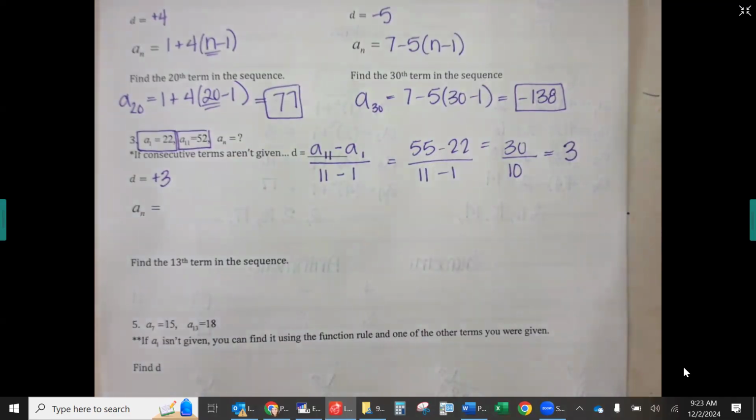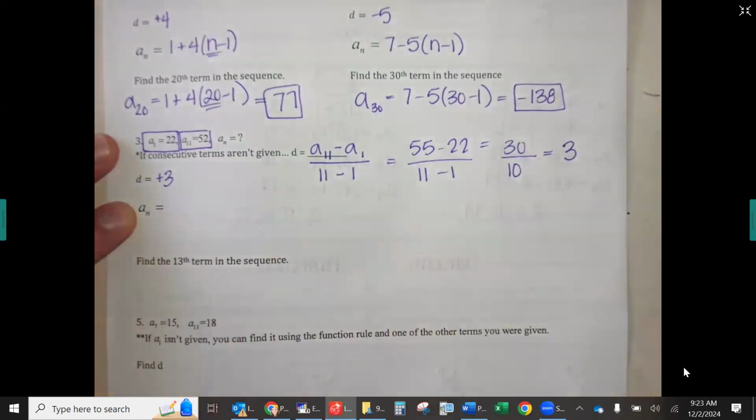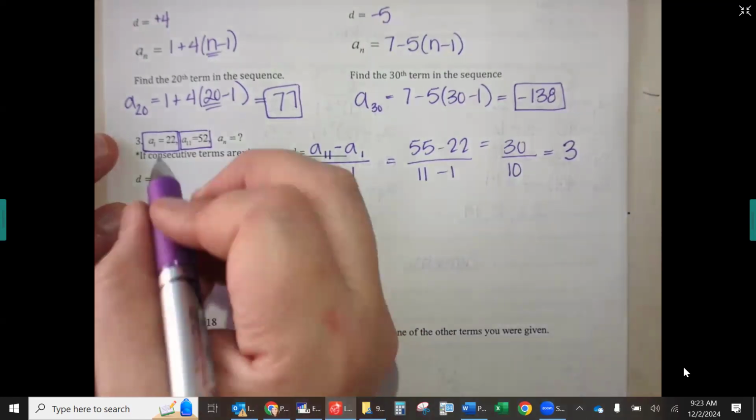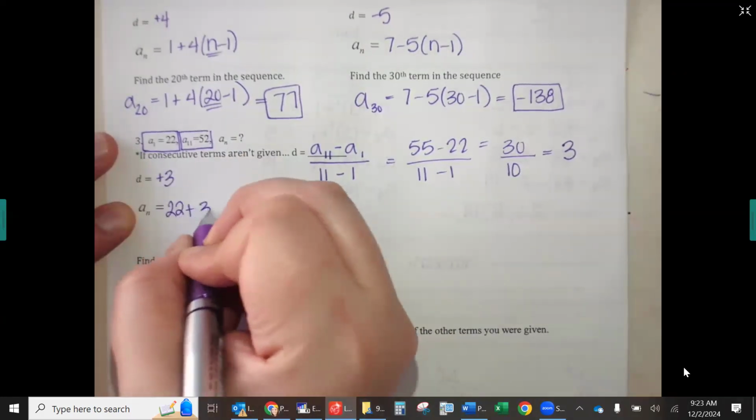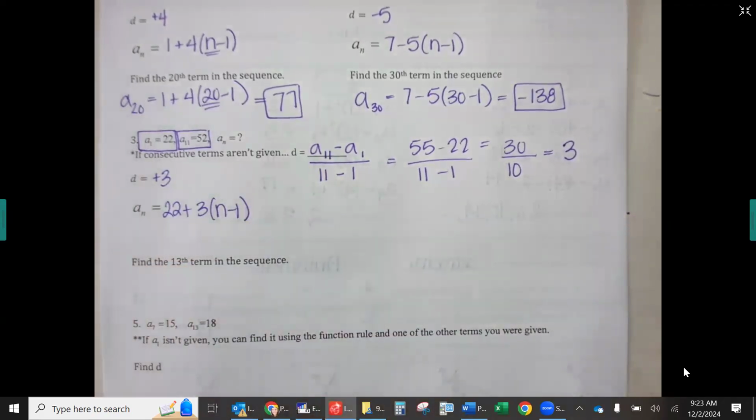So now let's write our formula. A sub n equals the first term, which is what number? 22 is correct. Plus 3, but not on the first term. Okay, then it says to find the 13th term, so I can just take the 13 and plug it in.